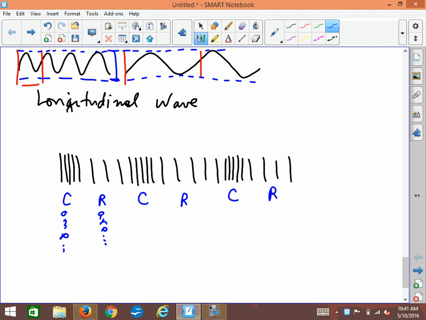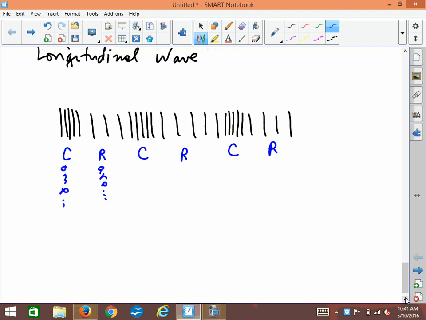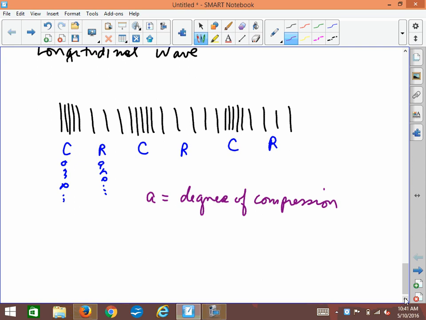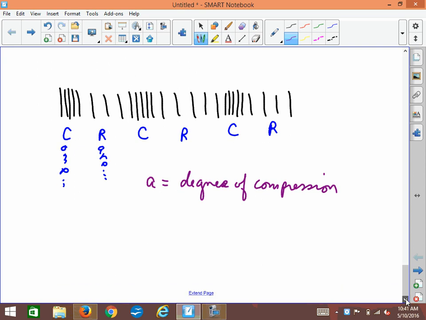What about the amplitude? Well, the amplitude is a little bit difficult to see on here. On this kind of wave, the amplitude refers to the degree of compression. How much compression is there? So let's draw a couple pictures to figure that out. A low amplitude wave would have a compression and a rarefaction that are very hard to tell apart. In other words, the amount I'm compressing is not much.